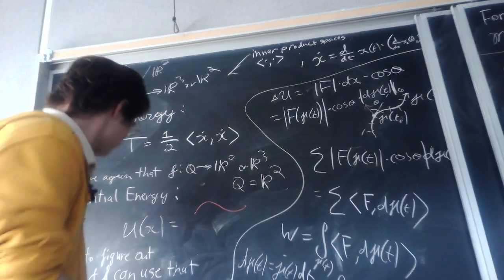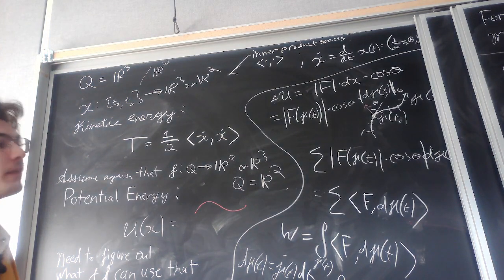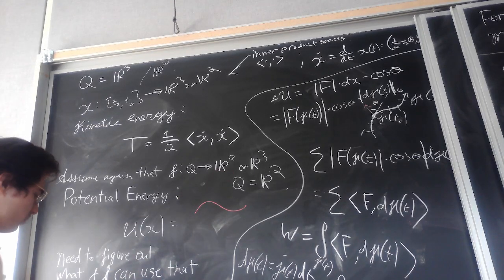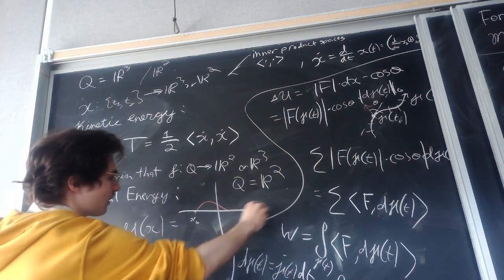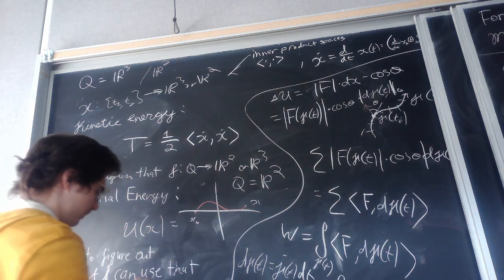This is just your usual one-dimensional integral that you've done a million times, right? Okay. Now the question is, suppose I had two different paths between x naught and x. So this was x naught, and this was x, right?